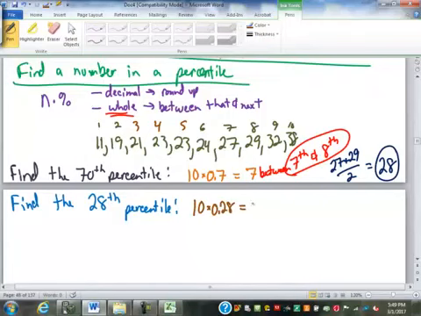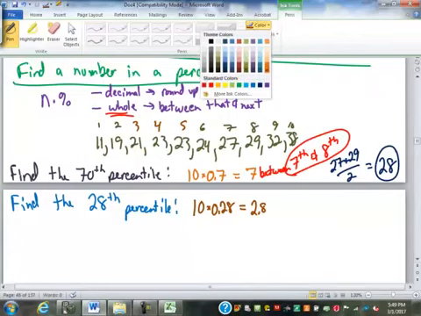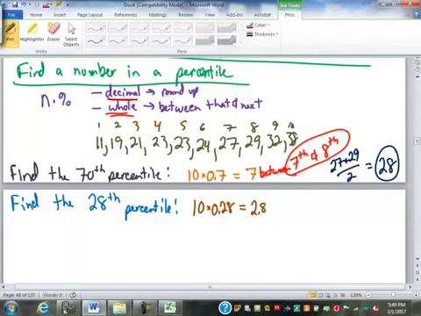Good. And that gives me what? 2.8. Now that one falls under the category of the first one up here, being a decimal, which means we round up to the third position. The third position up here is 21. 21 is the 28th percentile.